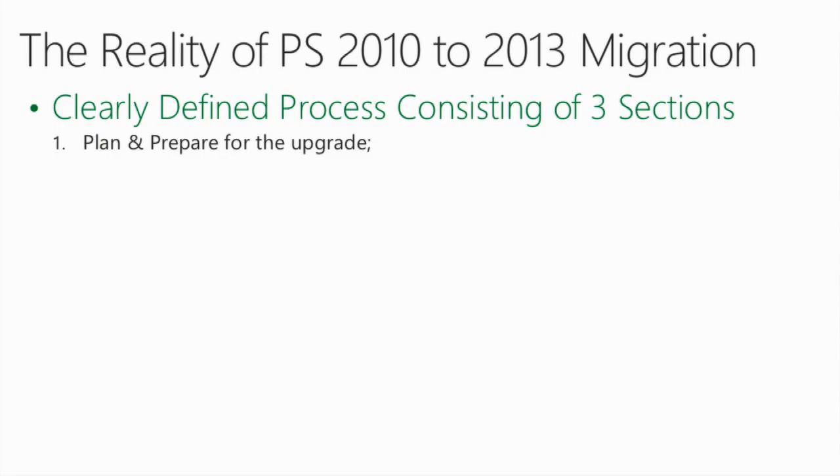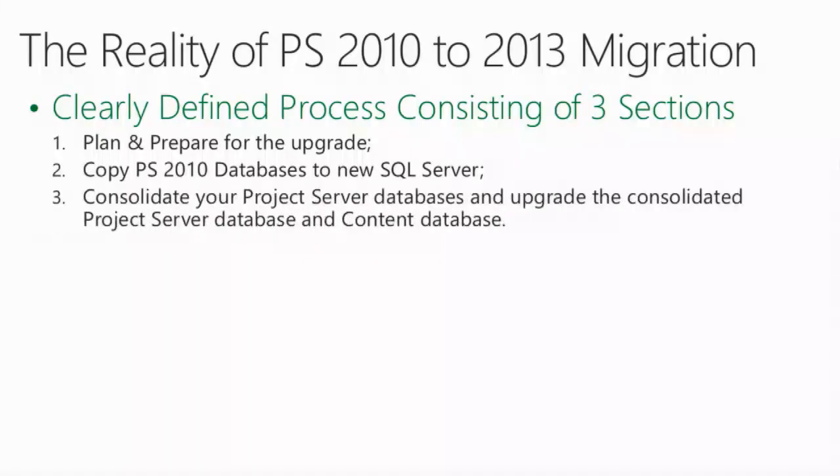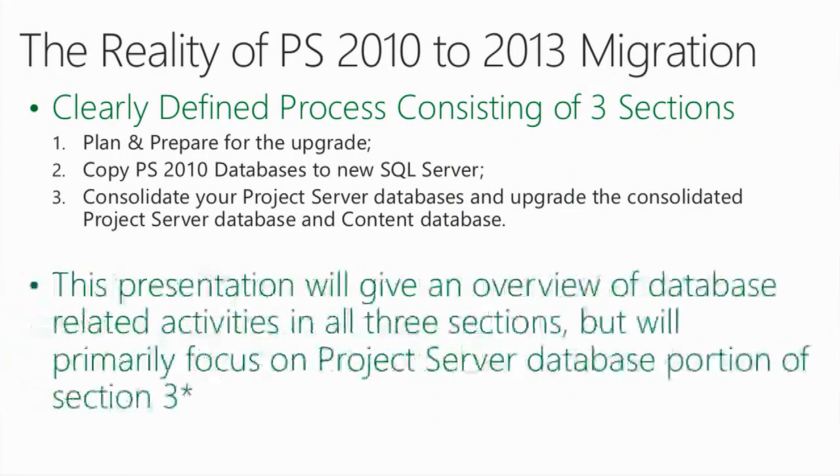My goal in this session is to give you an overview of all those primary activities. I'm going to really focus on the third one, because that's where most of the database activities with the Project Server databases occur.